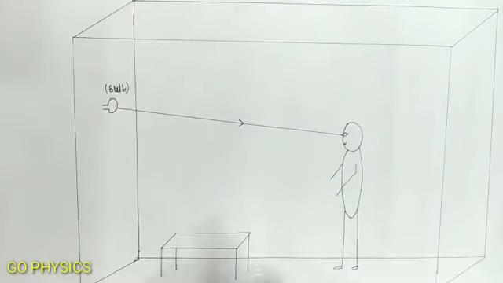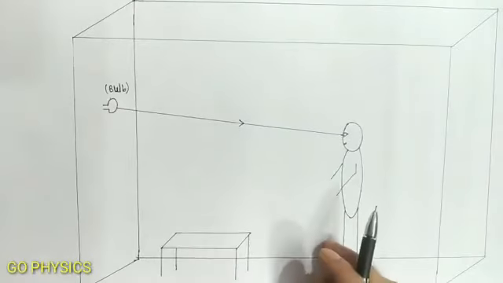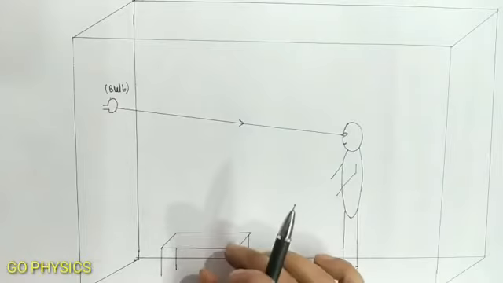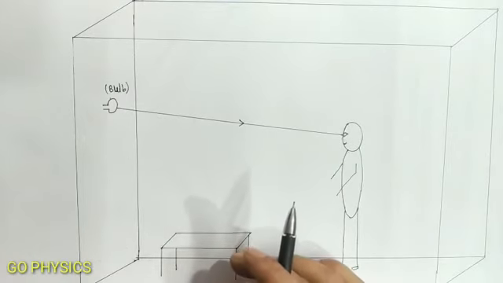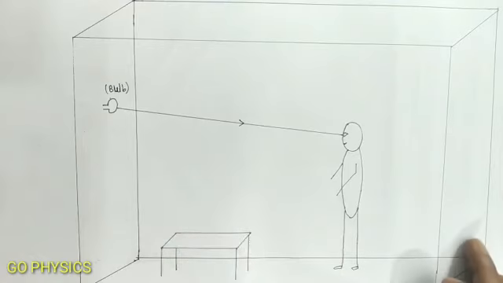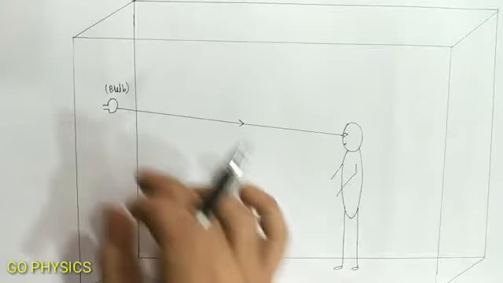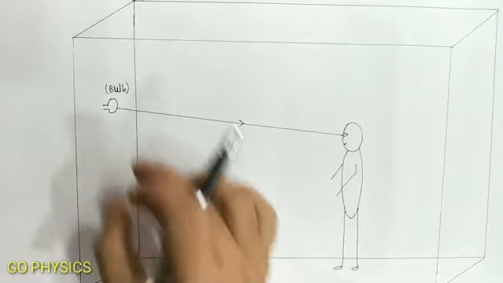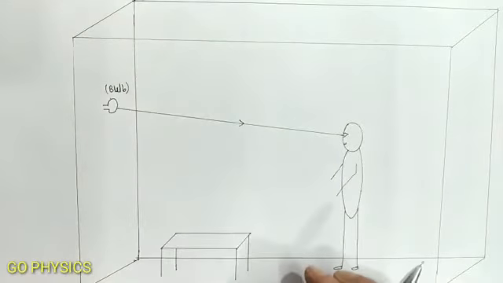But how are we seeing this table? This table is not producing any light, still we are able to see it. The concept is that this bulb is radiating light in all directions.